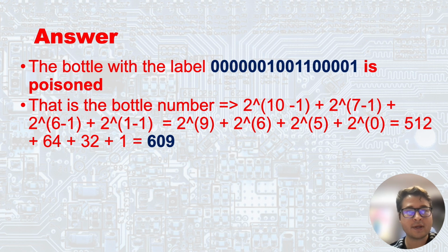All you have to do is get the position from 1 to 16, and where there is a 1, raise 2 to that number and subtract 1. If you want to omit the subtraction, you can just number the positions from 0 to 15. Which is the case because the one in this position over here is raised to the power of 0, and the one that is in position 6 is raised to the power of 5.